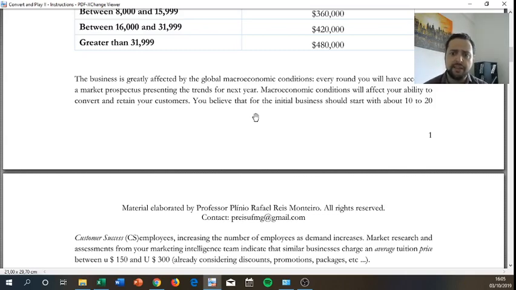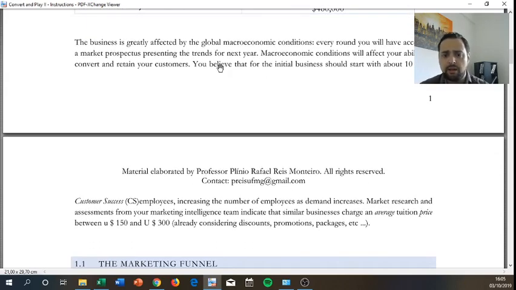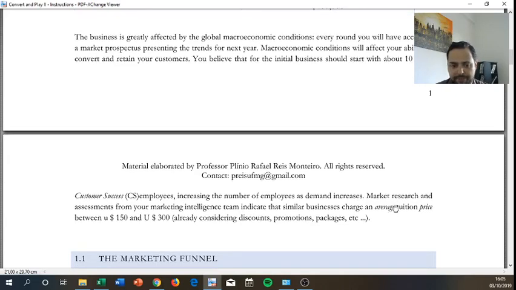But if something like a crisis appears, it will be much harder to acquire new customers and also to keep your customers. In general, you also believe that between 10 and 12 customer success employees is okay for the first year. So depending on your appetite for risk, you may choose between one of these two numbers.